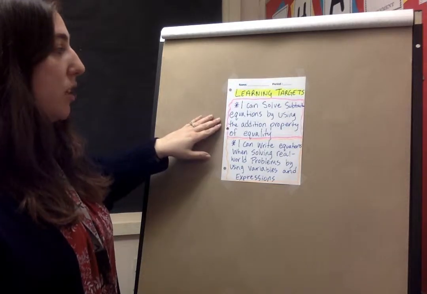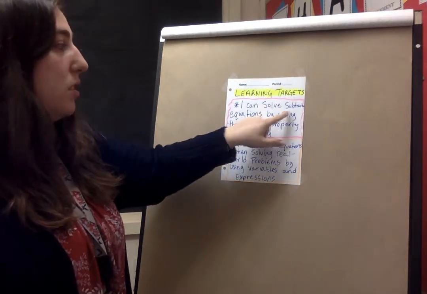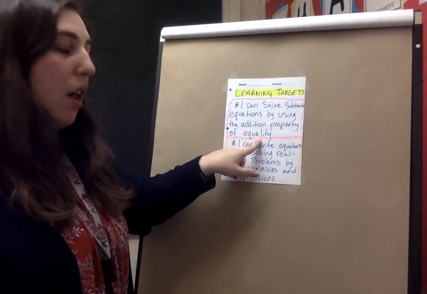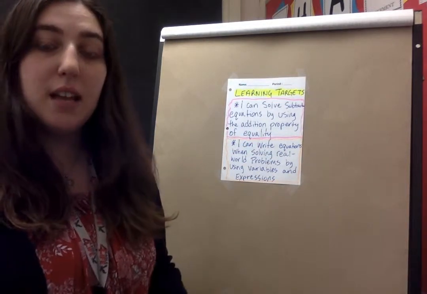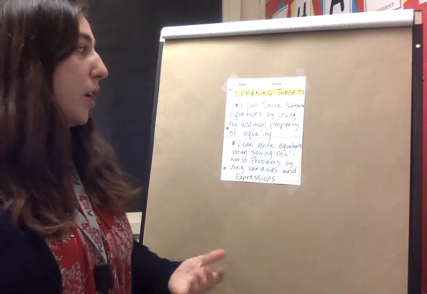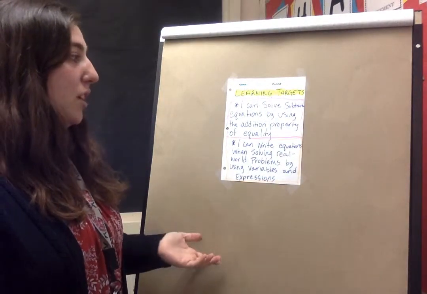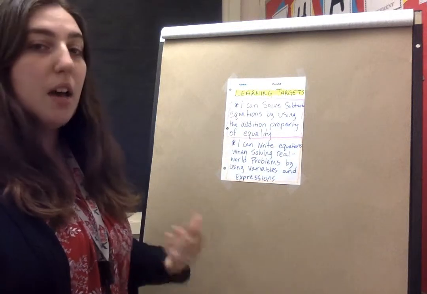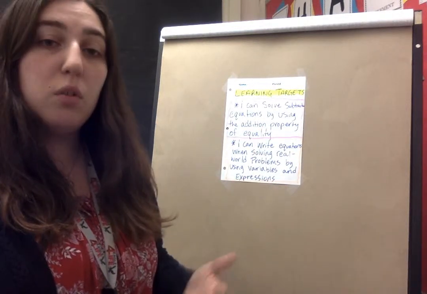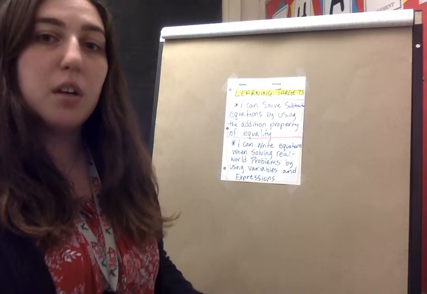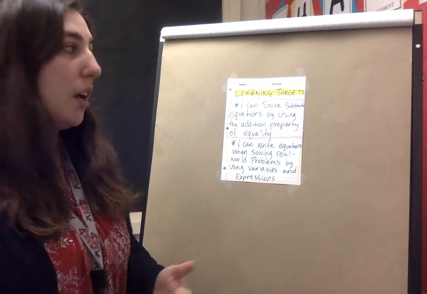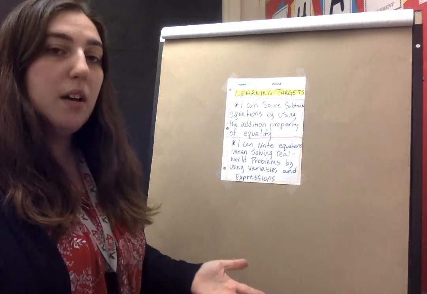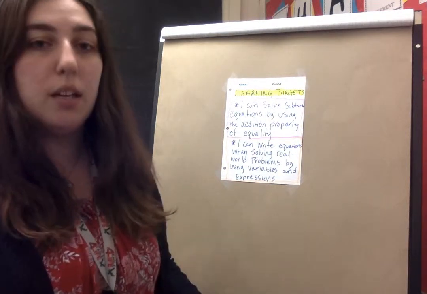So this first learning target, I can solve subtraction equations by using the addition property of equality. Well, yesterday in lesson 2, we worked on solving addition equations by using the subtraction property of equality. Okay, so we worked on some similar concepts, but today we're working on different types of equations and a different type of property of equality.